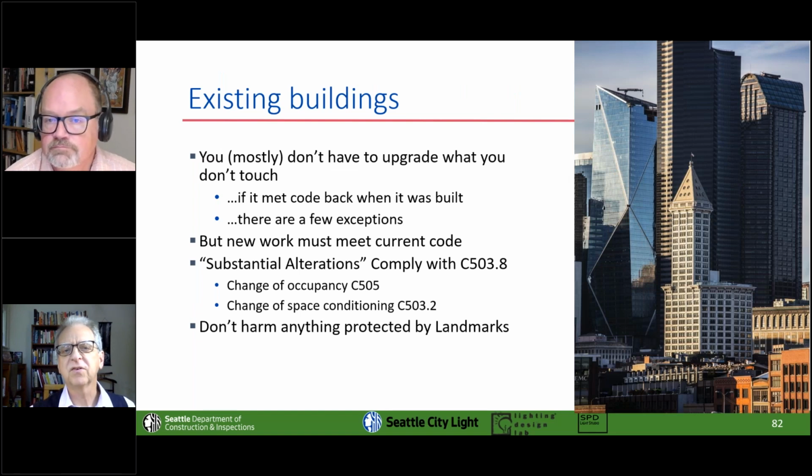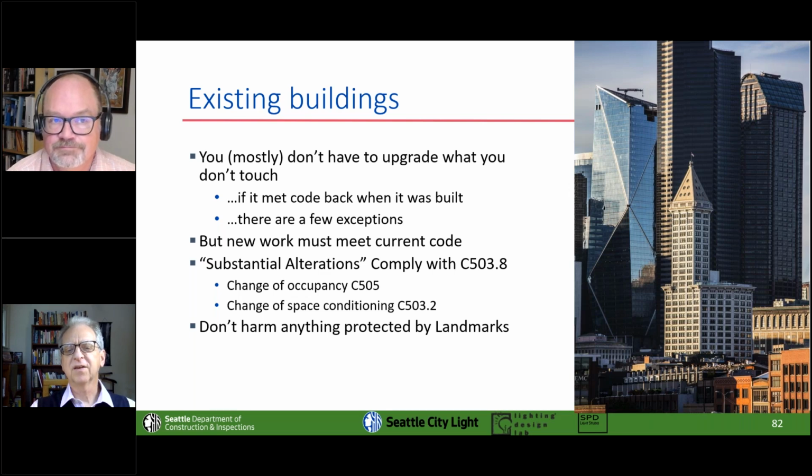The basic rules for existing buildings are that things that were built even a long time ago, if they were built to code then, you can pretty much leave them alone, with very few exceptions. New work has to meet current code always, and everybody loves substantial alterations. That is essentially saying, yeah, you're doing so much work that we're going to call it a new building.